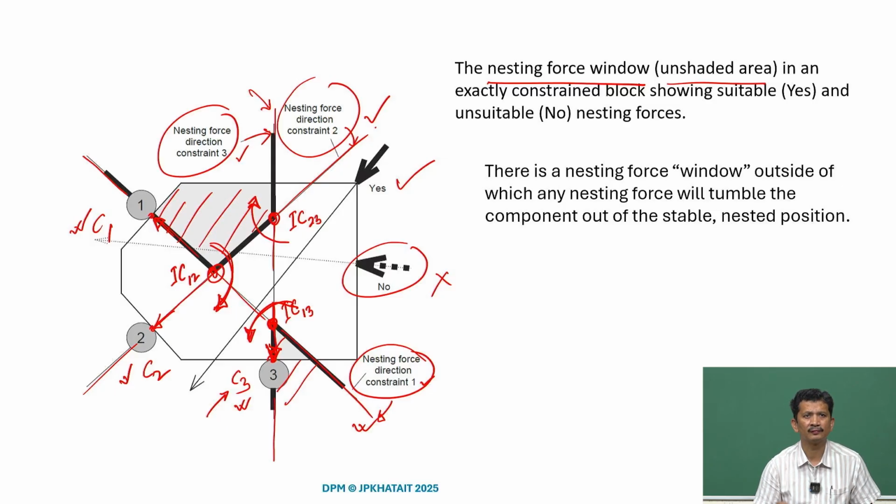So, any external force, nesting force we want to use, we have to understand that all these three conditions should be met together. Only then should we be able to get contact with all three contacts, three posts.